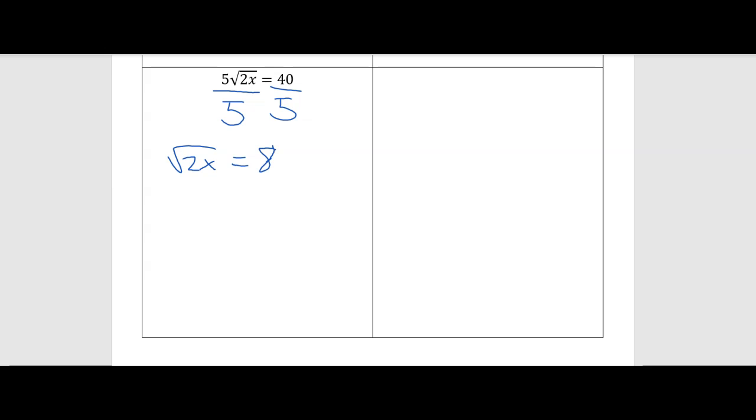Now, when the radical's by itself, the inverse operation of square rooting something is going to be to square it. And we sort of talked about that with the first problem. We were just going the other way, right? We had this problem, x squared equals 36, and we said the inverse operation of squaring was square rooting. Well, if they're inverse operations, over here we just have a square root, so we're going to do the inverse and square it.